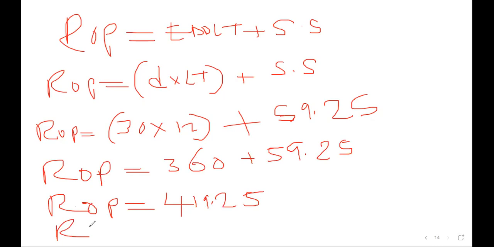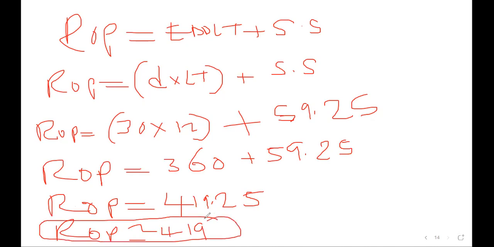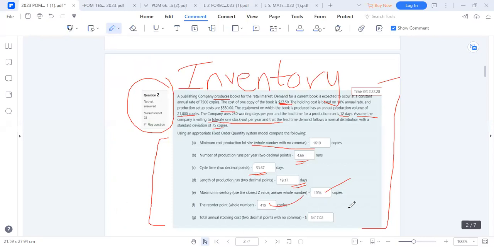So our reorder point is approximately 419 in a nutshell. So this is how they found 419.